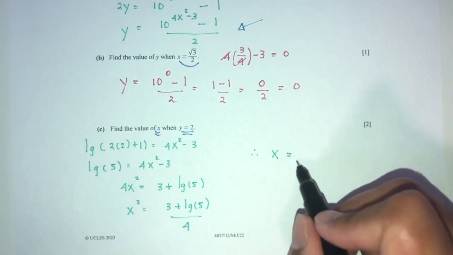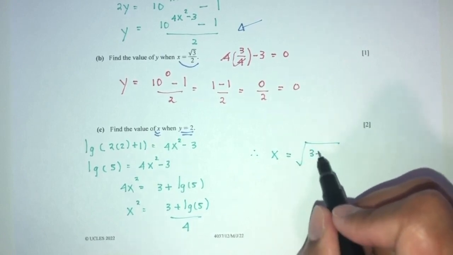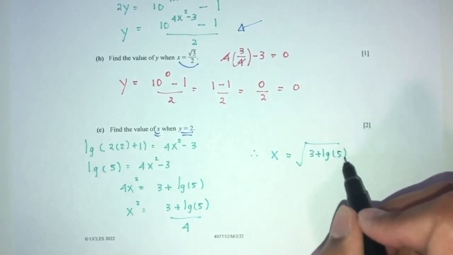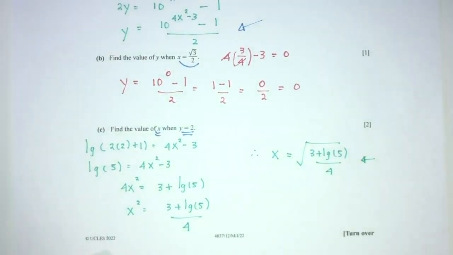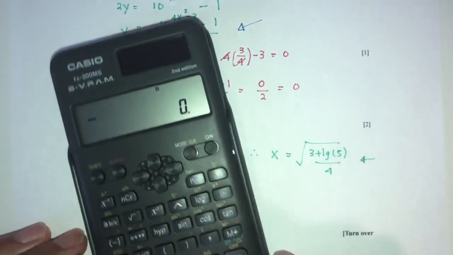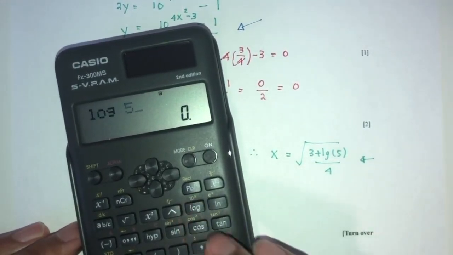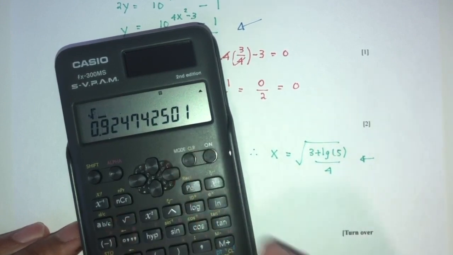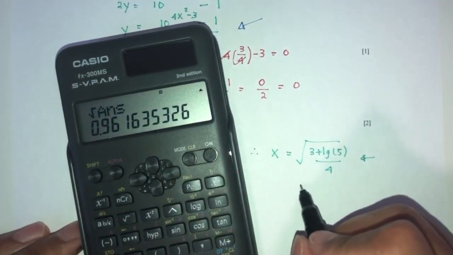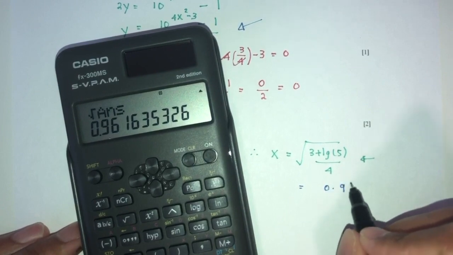x has to be square root of 3 plus this over 4. Now, of course, you can evaluate to find the exact value. It's up to you. Correct to 3SF. So log of 5 plus 3 divided by 4. Root of that, you have 0.962.